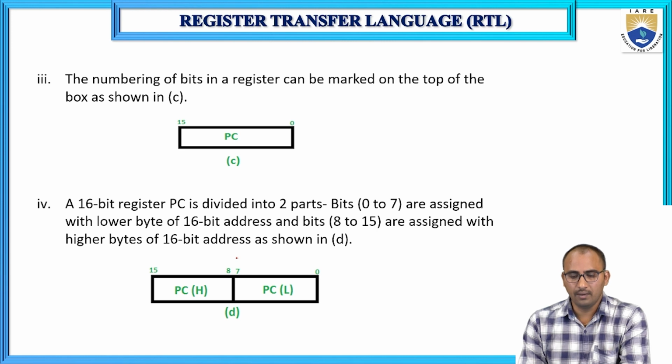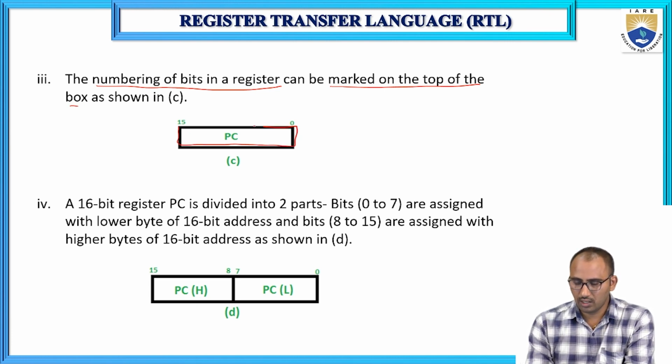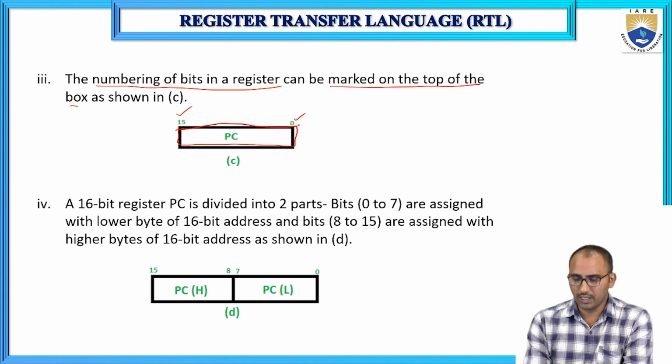And the third way is the numbering of bits in a register. The numbering of bits can be marked on top of the box. Here on top of the register you can see 0 and 15, so we can assume that this is a 16-bit register.